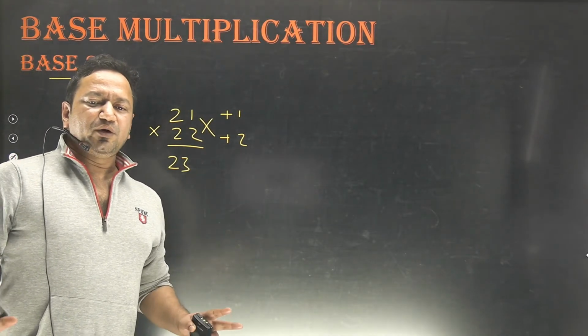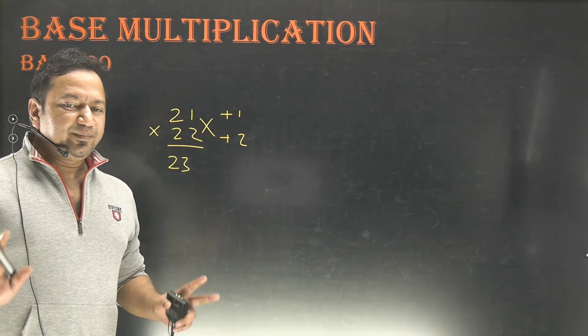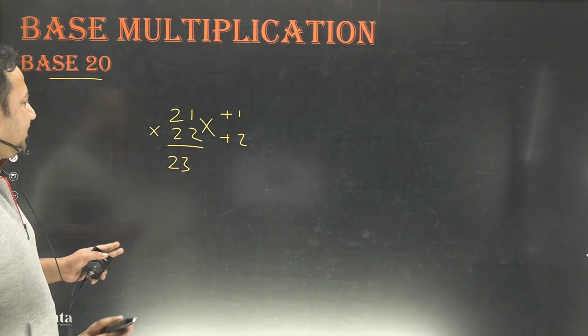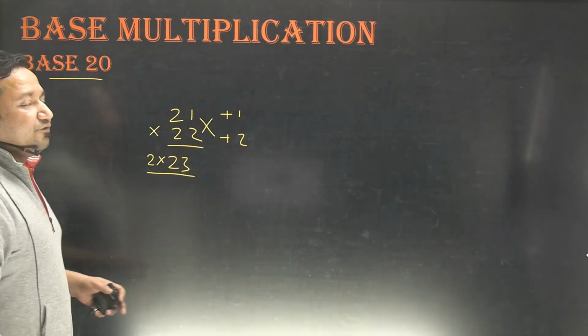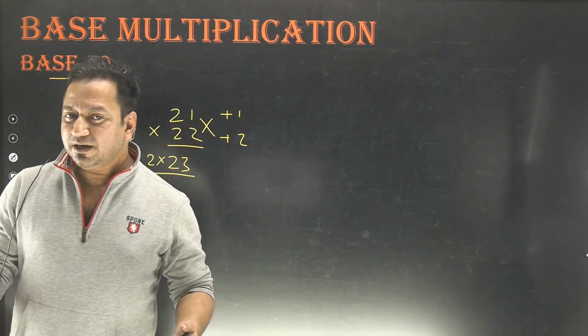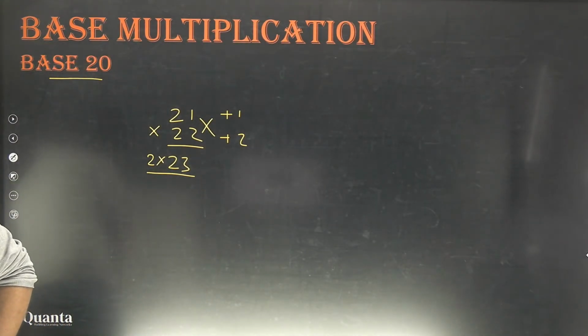We need to remember one thing over here. In base 10, we just added. In base 20, we will add and then we'll multiply this by 2. Which also means that if base was 30, we would have multiplied it by 3. All right? Clear? Clear to everyone?